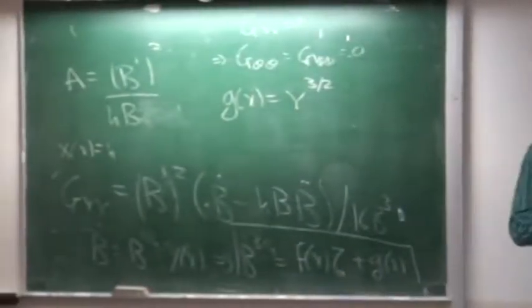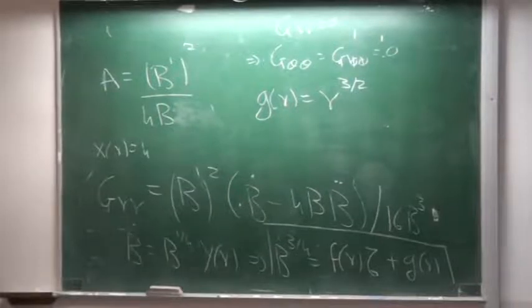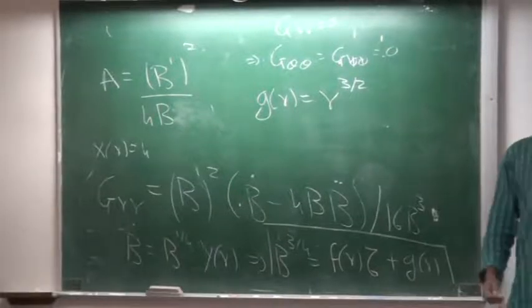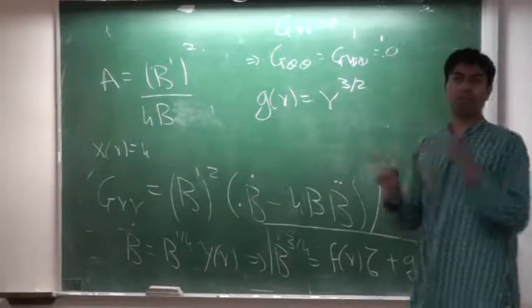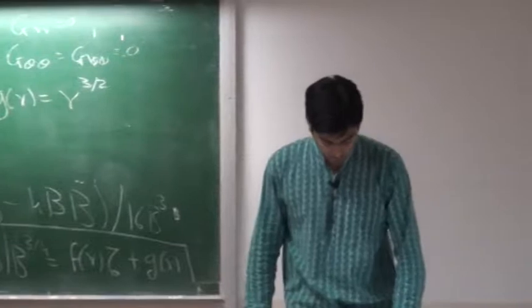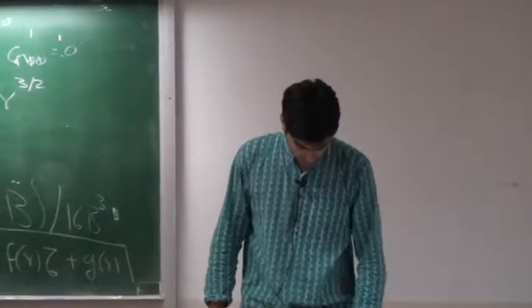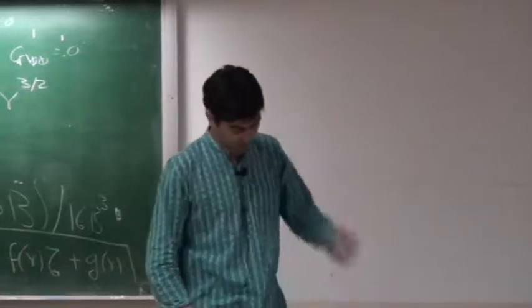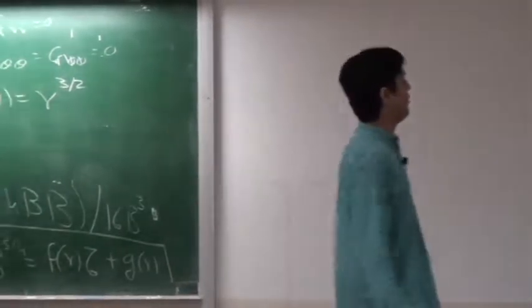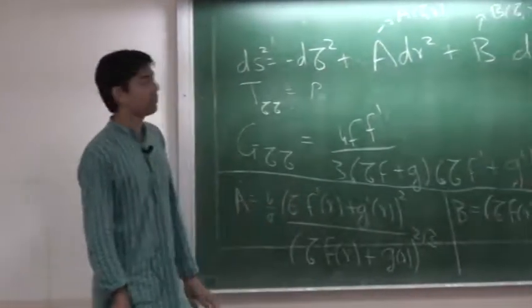And the reason you can set G of r and not have to solve for G of r is because you have a freedom to redefine the coordinate r. So you choose the coordinate r so that G of r is r to the 3 by 2. Is this clear? Okay. So you've chosen G of r as r to the 3 by 2. And if you do that, then you see that your solution will simplify quite a lot. In fact, it will look at tau equal to 0, these 4 by 9 factors will also cancel out.